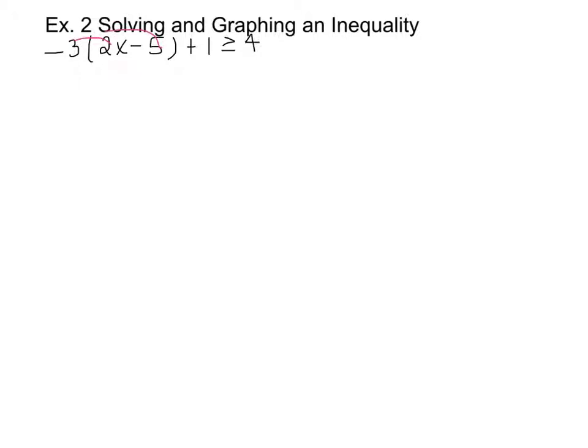Be careful with this negative, because if you don't do it correctly, you're going to get the wrong answer, and then you're going to graph it incorrectly. And then we're going to combine like terms. And then we'll subtract 16 from both sides.